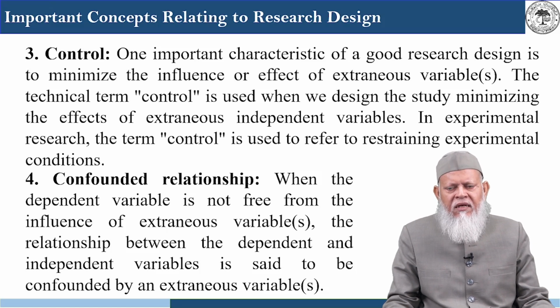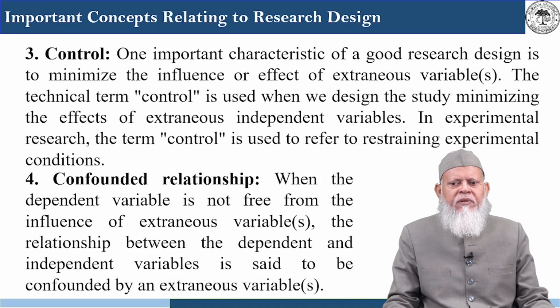The important characteristic of a good research design is to minimize the influence or effect of extraneous variables. The technical term control is used when we design the study minimizing the effects of extraneous independent variables.